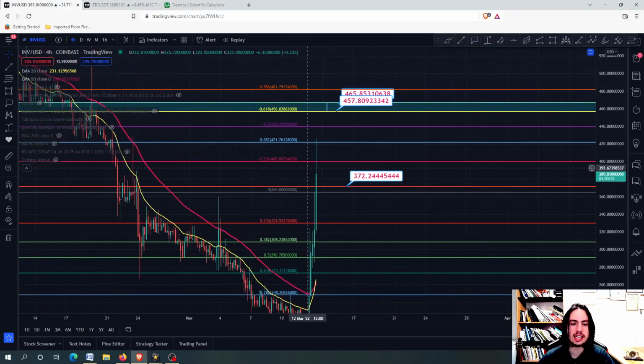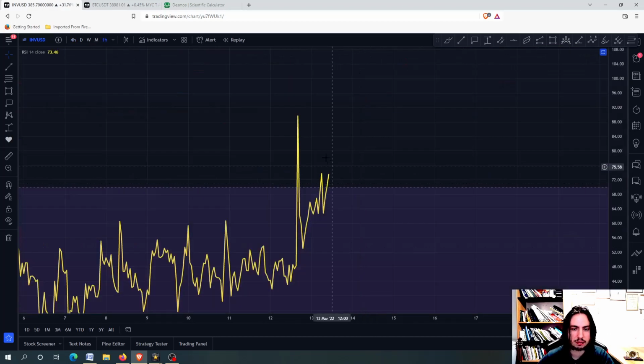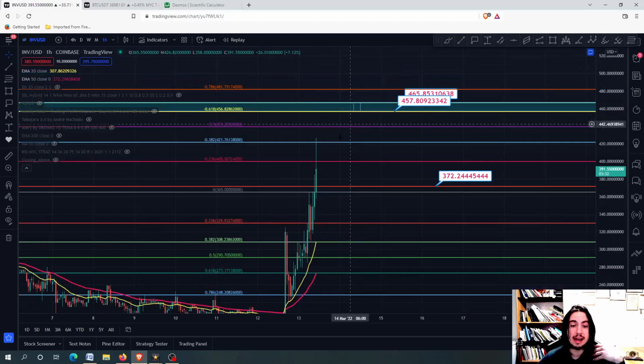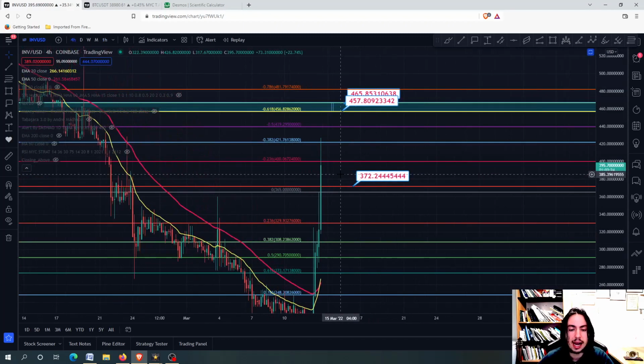So if you decide to join the pump and you're willing to risk your position, then you should always put a very tight stop loss. On the 1-hour frame right here, of course, we have a crazy overbought situation. We will be forming a bearish RSI divergence with lower highs on the RSI and higher highs in the price, and maybe we will be going further down. So I want you to be very careful on the very short term as well.